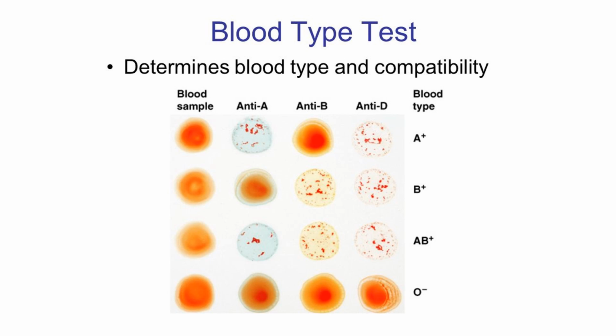When that blood is treated with the anti-B antibody, you get clumping again. When that blood is treated with the antibody against the RH factor, or the anti-D antibody, there you get clumping, meaning that this person is AB positive.